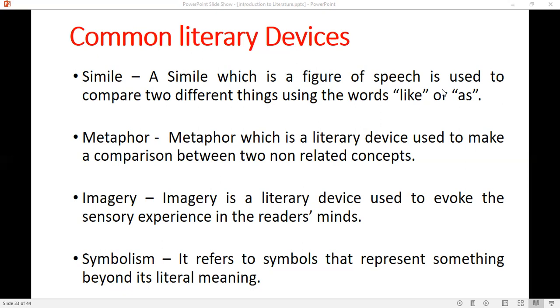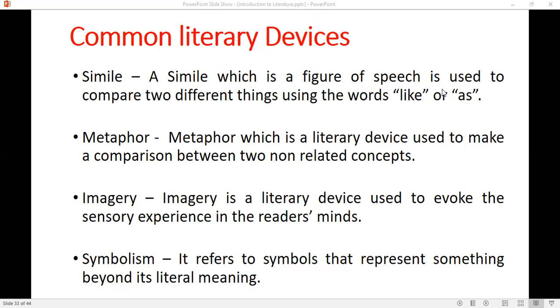Symbolism refers to symbols that represent something beyond their literal meaning. For example, in the novel Vendor of Sweets, the writer discusses the life in America and India.